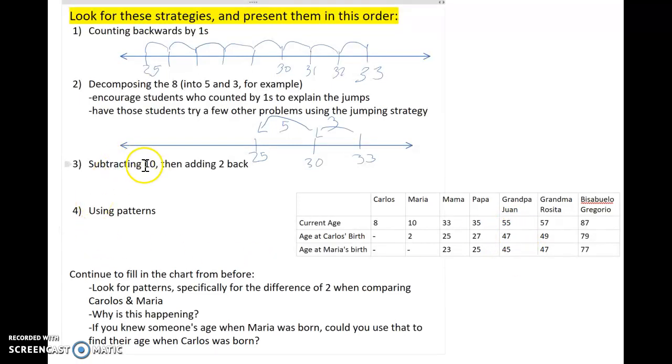So that strategy of subtracting 10 and then adding 2 back will start being planted in their brains. Using the patterns is the idea we were talking about here. If anyone was already using Carlos's age to get Maria's, awesome. You can say, great, you were using the patterns you see on the chart.